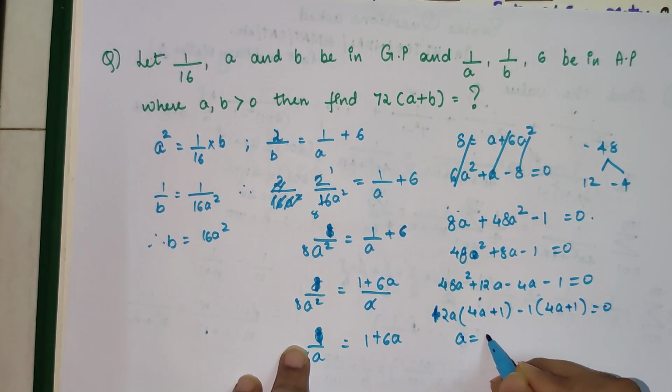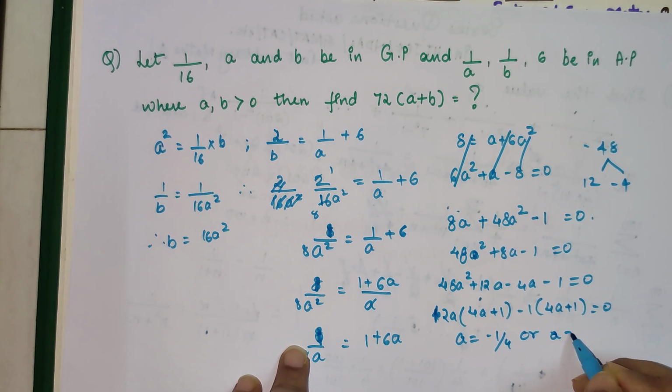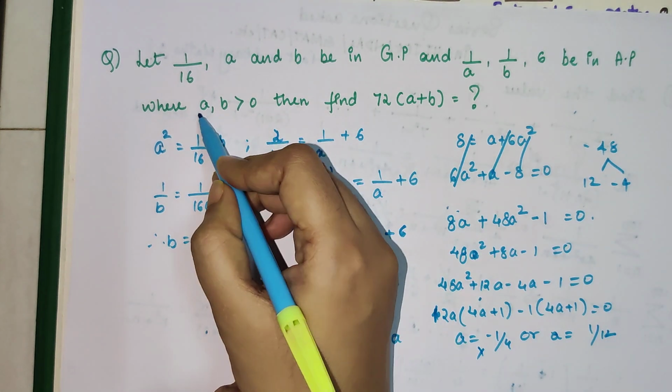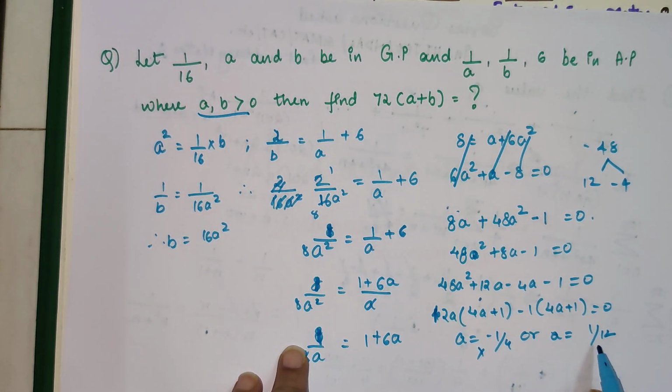So we have a is equals to minus 1 by 4, or a is equals to 1 by 12. Now as we know, we cannot take a as minus 1 by 4 because it is positive. So we'll take a as 1 by 12.